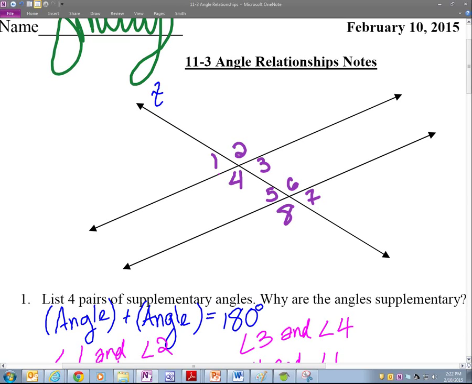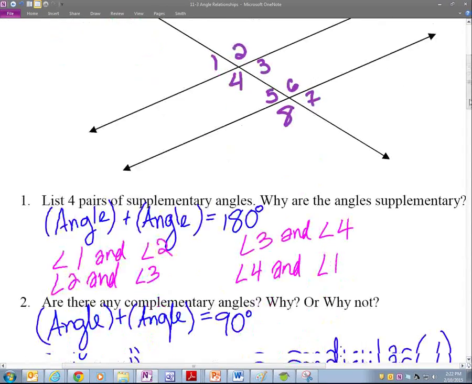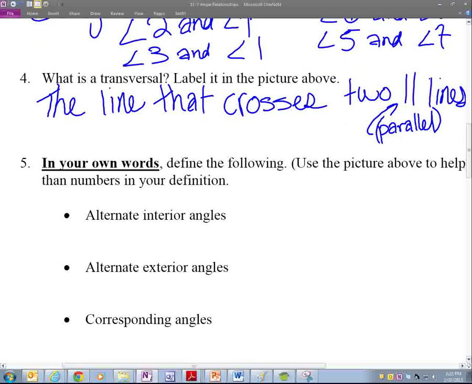Yes, it said to label it. So you're writing that T, and then I'm going to say transversal line T. Transversal line T.